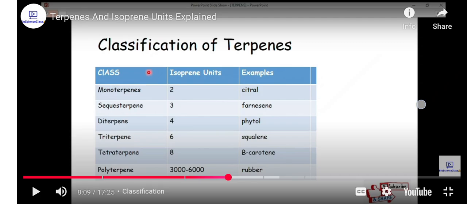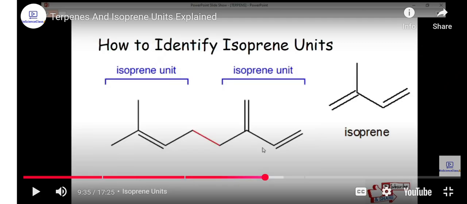Mono is not 1, it's 1 into 2, because we are counting isoprene here, not terpenoids. Maybe you can imagine that a terpenoid is made of 2 isoprene, so monoterpenoid is 2 isoprene units. Likewise, sesquiterpene is 3, diterpene is 4, triterpene is 6, polyterpene is 8.